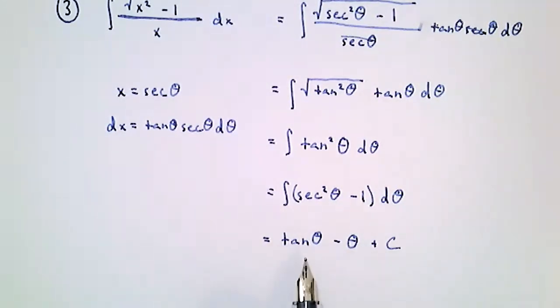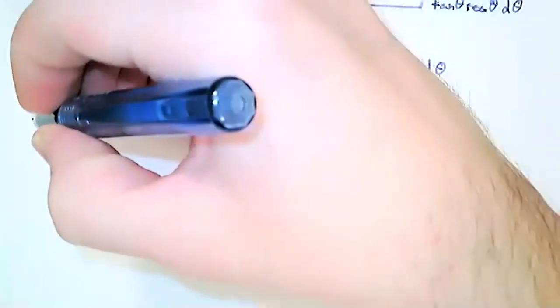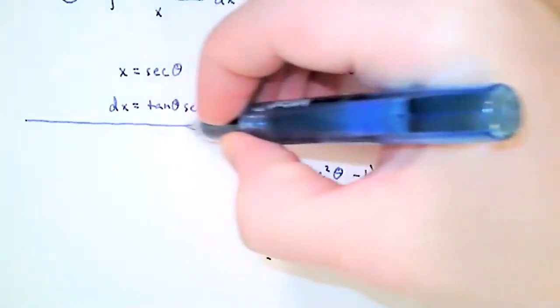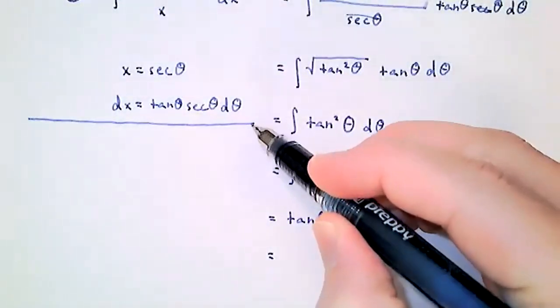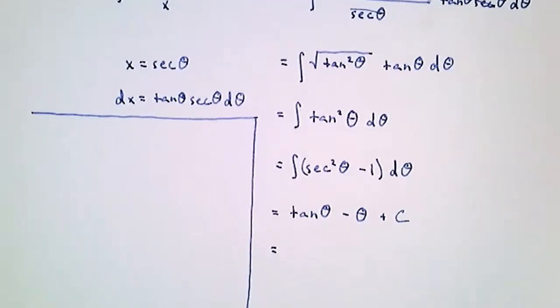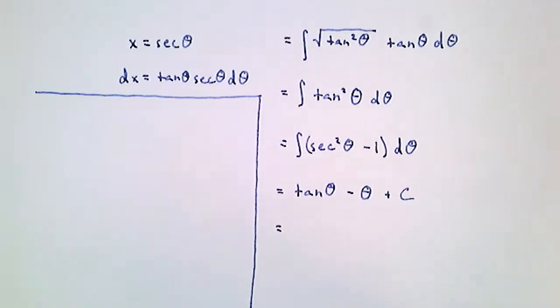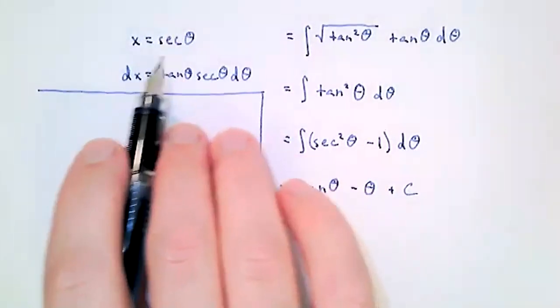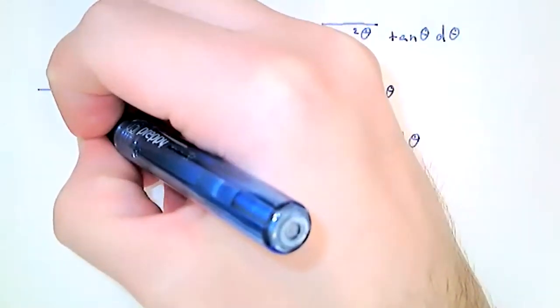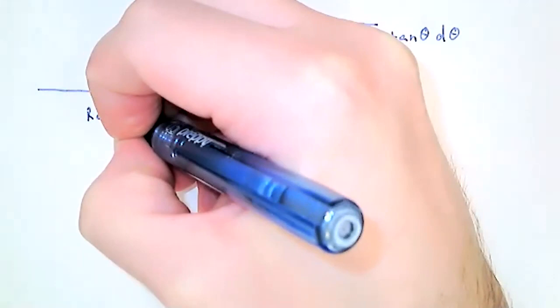Okay, so we're nearly at the end. We know at this point, having done a few examples, that we'll need to come up with a reference triangle in order to get rid of theta. Okay, so remember x is equal to secant theta. So in our reference triangle, we'll use that to make our side lengths.